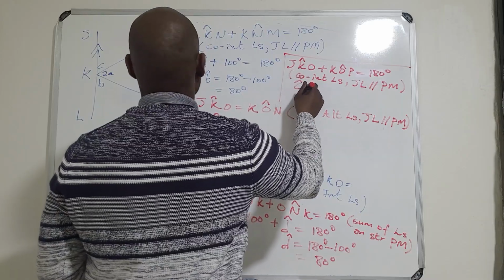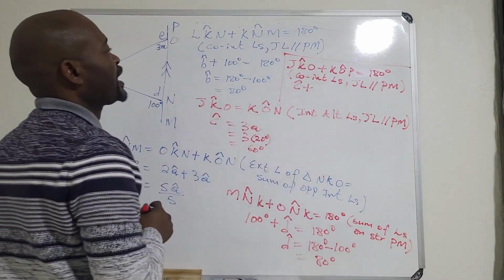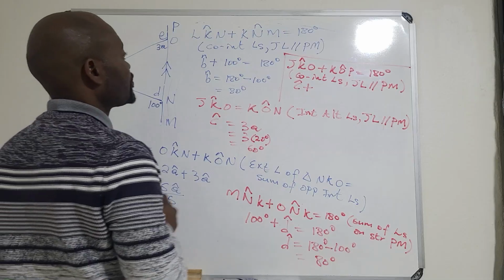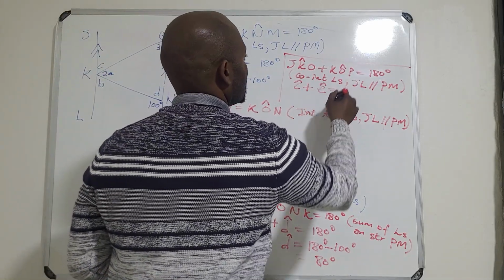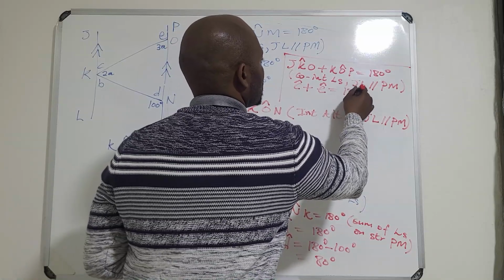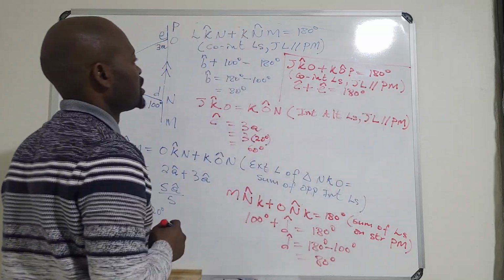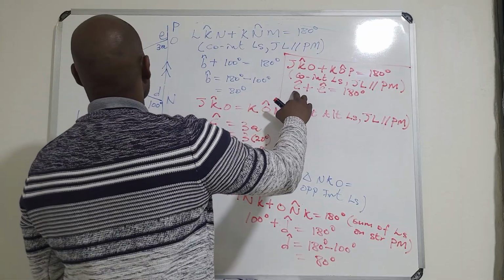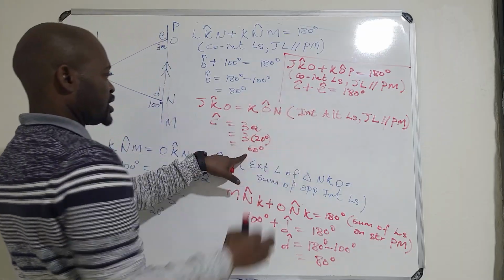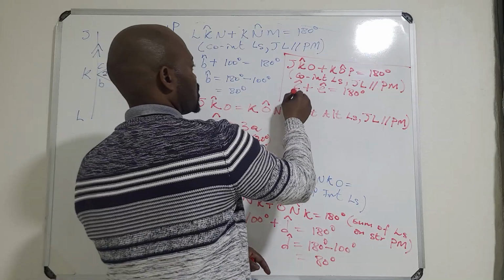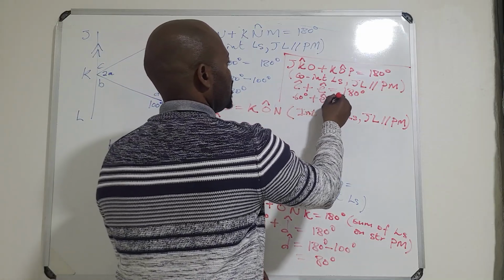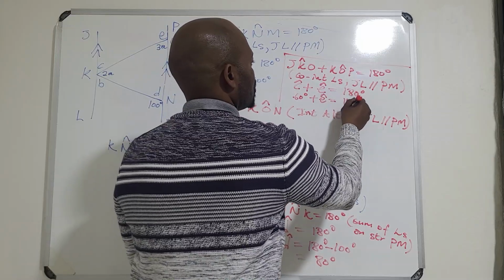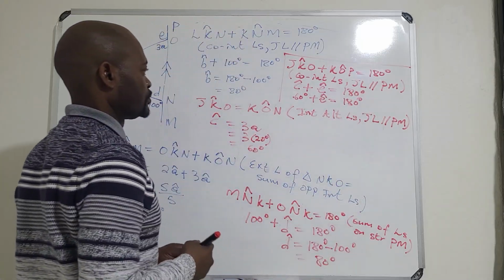Now, angle JKO is angle C, plus angle KOP is angle E, which is equals to 180 degrees. But we know our C is 60 degrees. Therefore, 60 plus angle E is equals to 180 degrees.